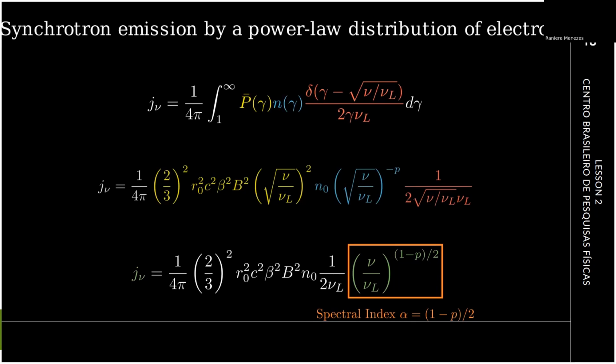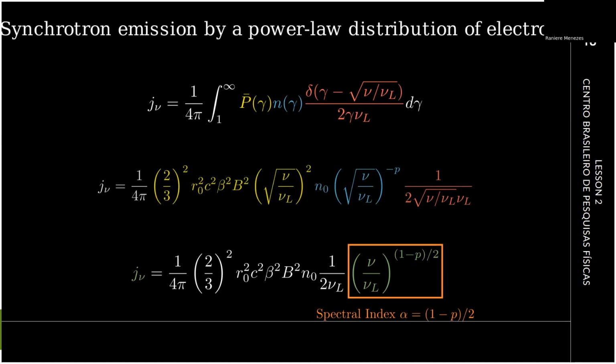In the population of electrons, every single electron with a different gamma will emit a different frequency. And then we will build our spectrum based on that. I got you. So now we have this spectrum.